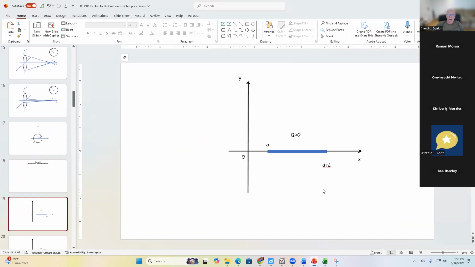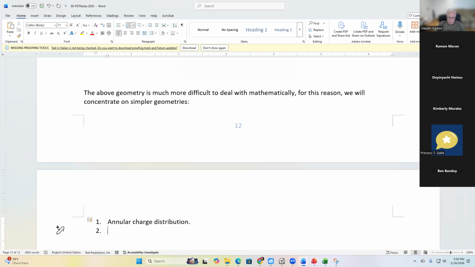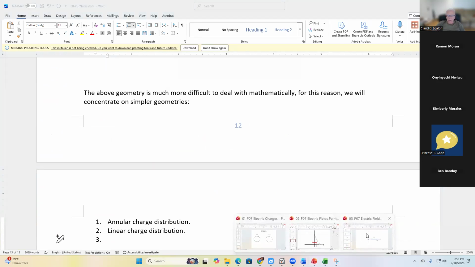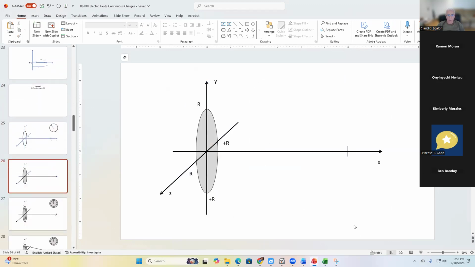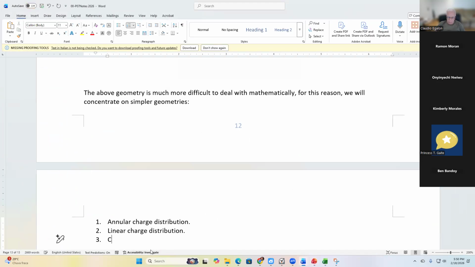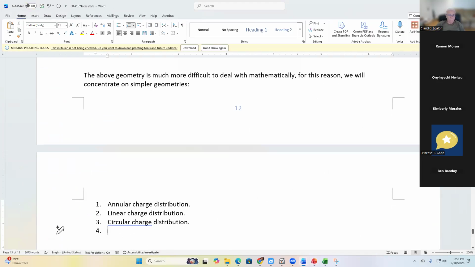The next one is going to be a linear charge distribution, right? Linear charge distribution. Okay. What else? We're going to concentrate also on the circular charge distribution. Circular charge distribution. Okay, we are going to look at the spherical charge distribution.